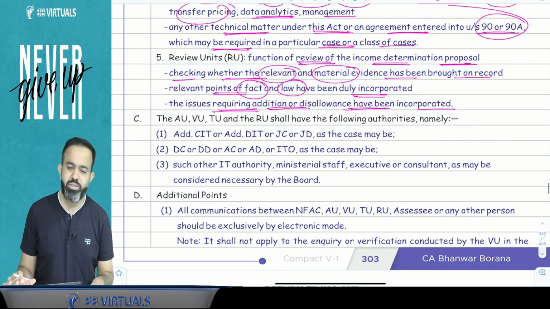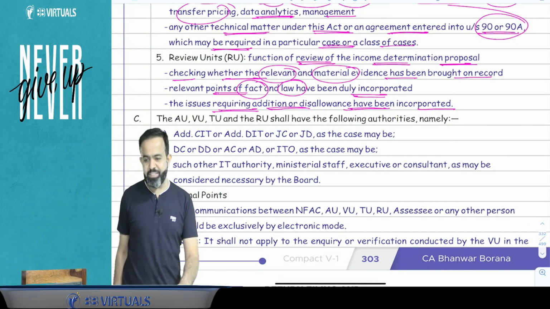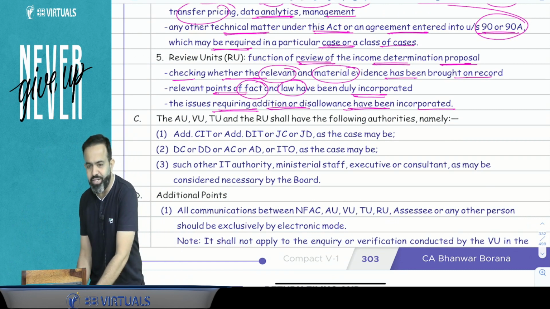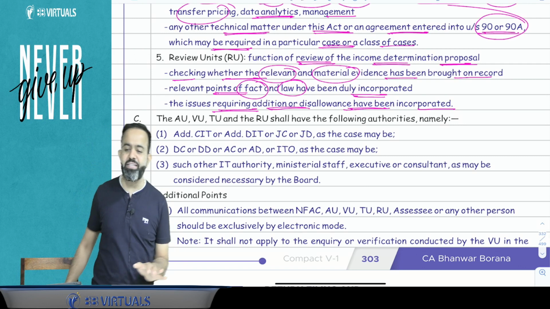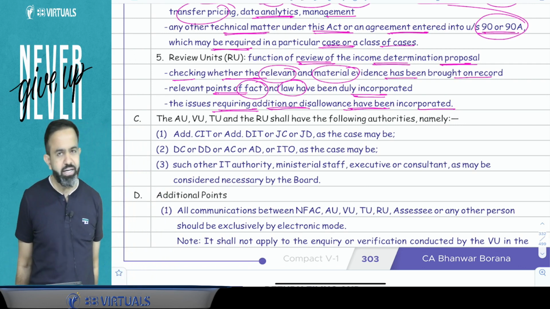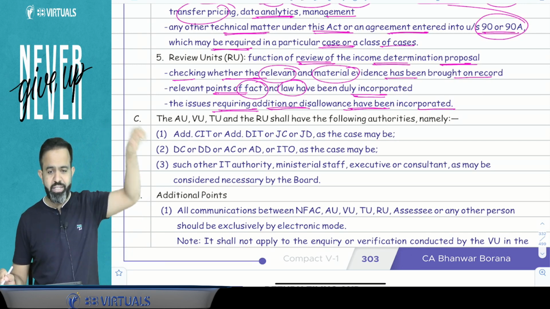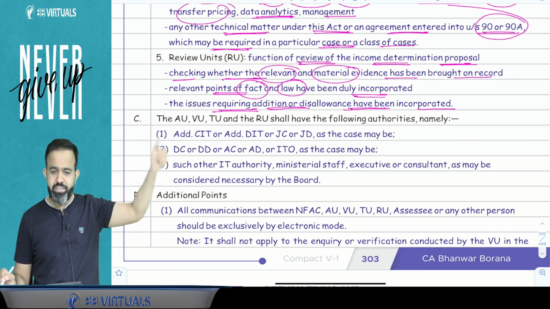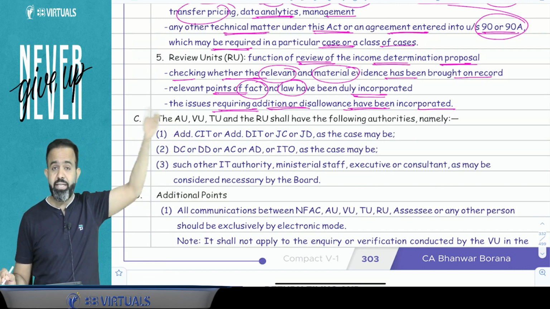Now there may be one doubt in your mind: who will be the authority in the assessment unit, verification unit, review unit and technical unit? Guys, all assessing officers will be the authority in these units. All assessing officers means, as I discussed on the first day, your joint director, assistant director, deputy director, ITO, additional CIT, additional DIT.